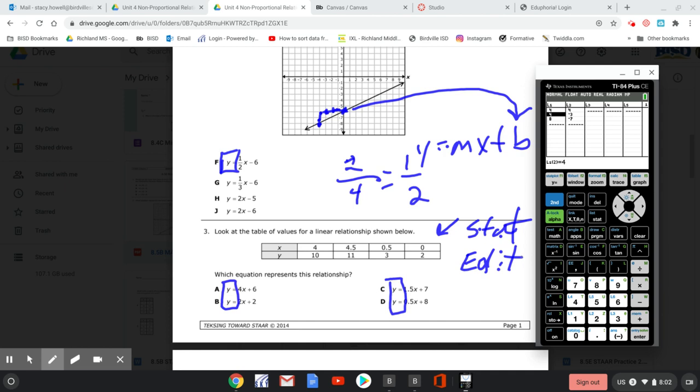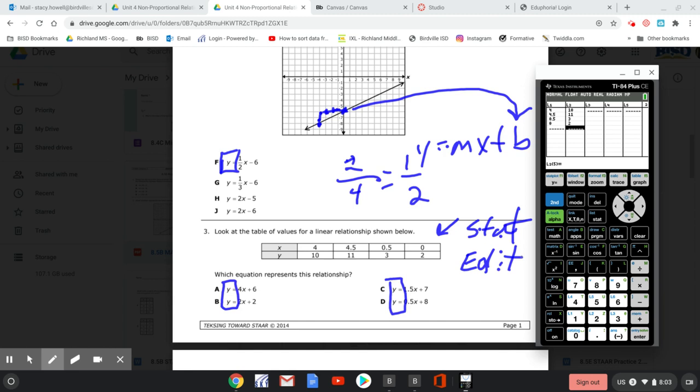I'm going to put 4.5, enter. I'm going to put 0.5, enter. I don't know if that was 0.5, so let's do that again. 0.5, enter, and a 0, enter. And tab over and go up and put in 10, enter, 11, enter, 3, enter, and 2.